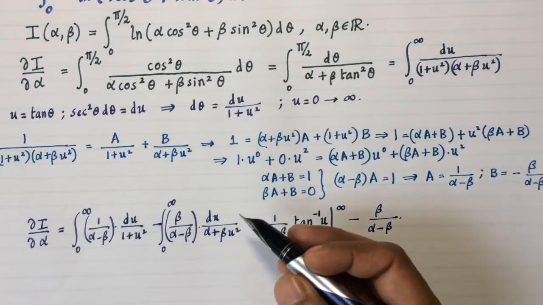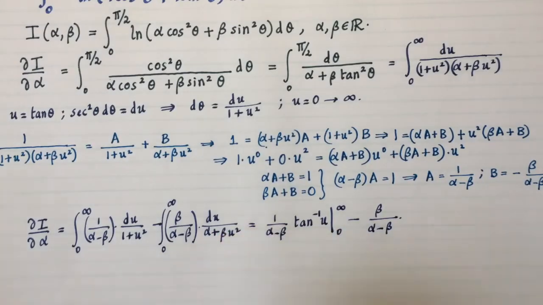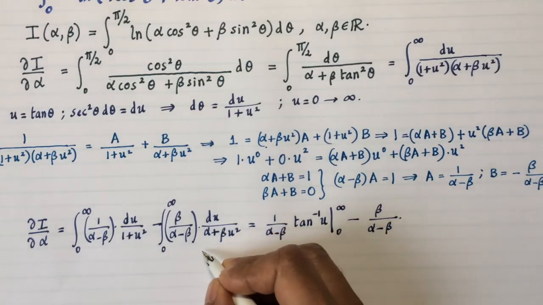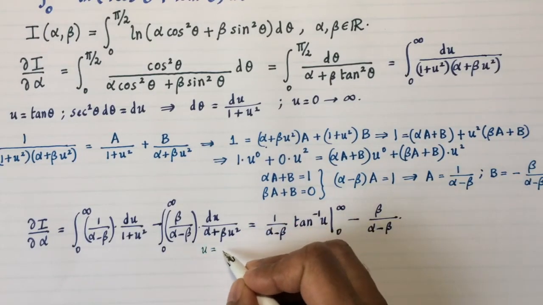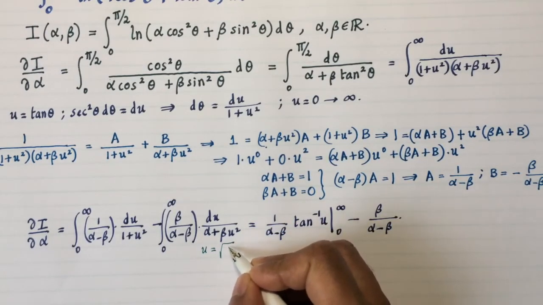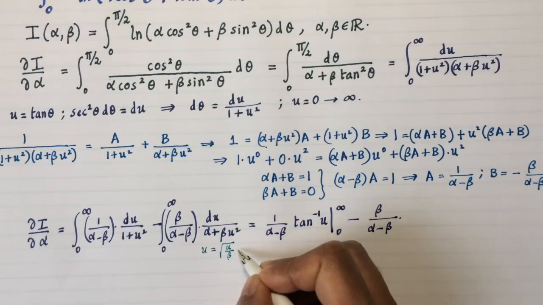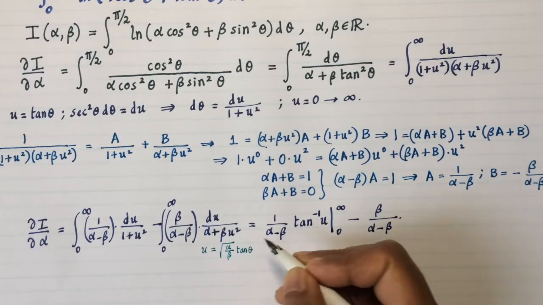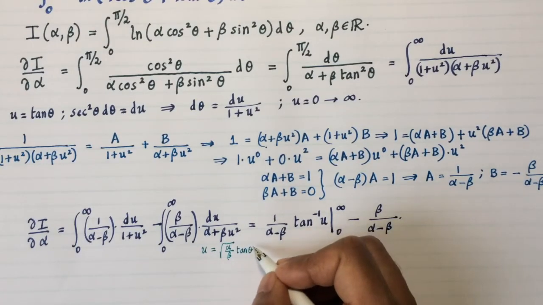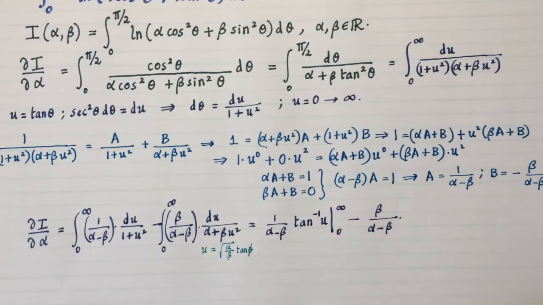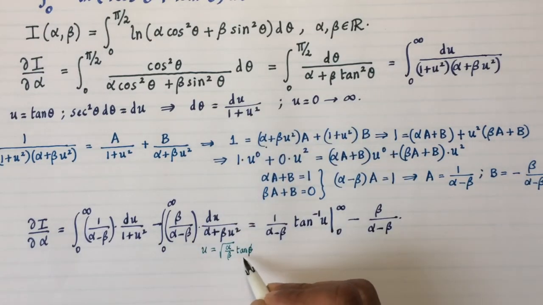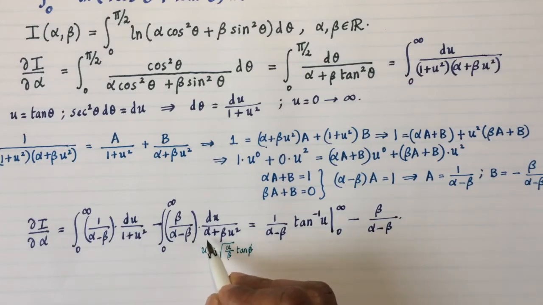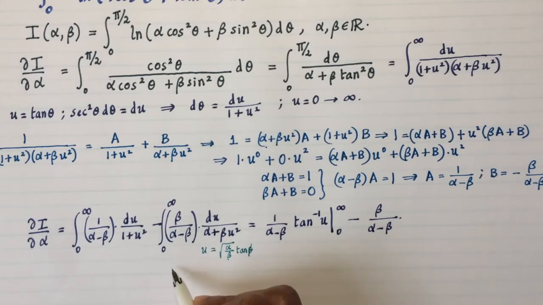So the proper substitution to use here would be that u equals the square root of alpha over beta times tan theta. So if I use, sorry, I should have called it some other value like phi, because theta is already used.